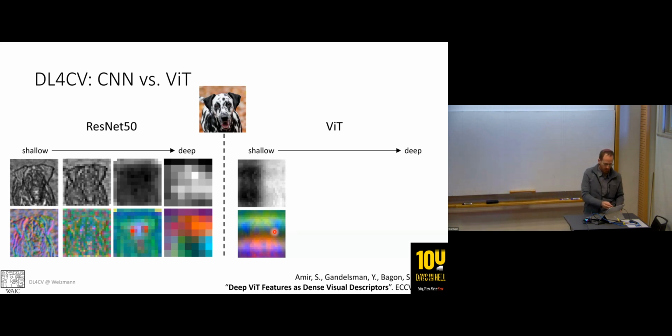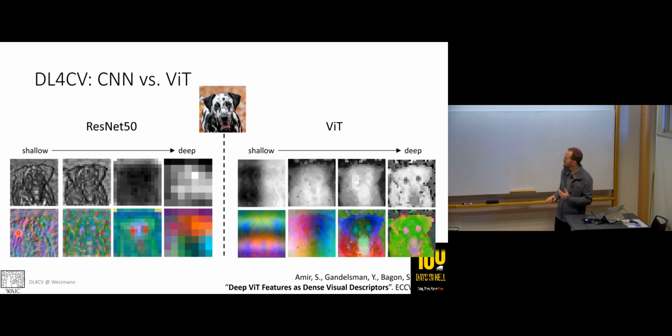Notice that you don't have this kind of position information in convolutional neural networks because convolutions are translation equivariant. They don't store position information. And as we go deeper with the transformers, the resolution stays the same because we don't change the number of tokens.